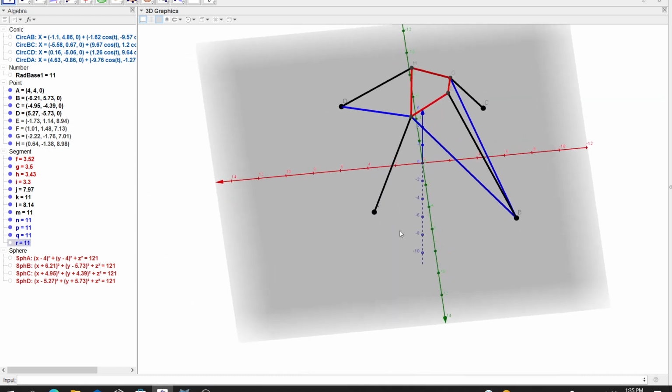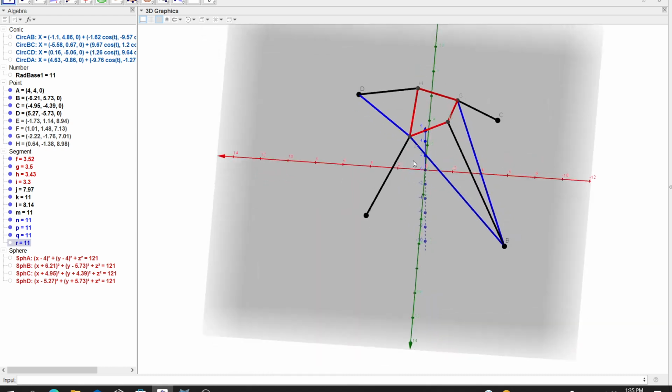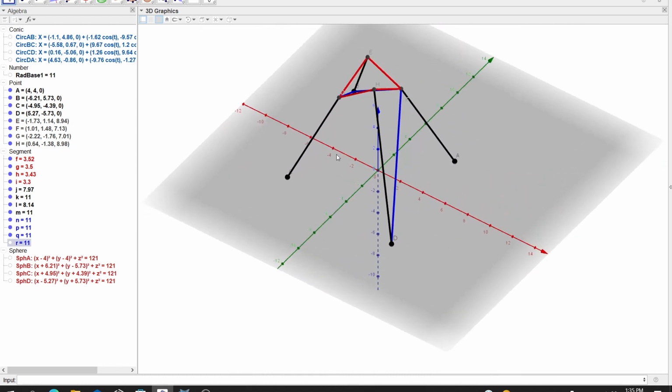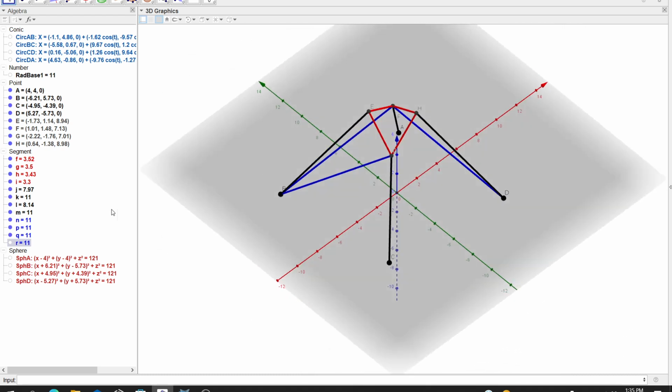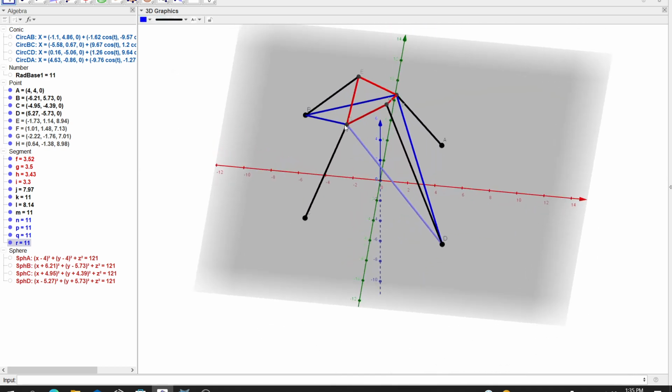So we have, for instance, this point here is unconditionally stable. That point, I need one more point. Here it is. Okay, the point across from it is unconditionally stable.